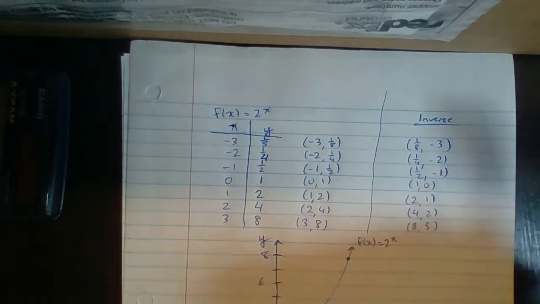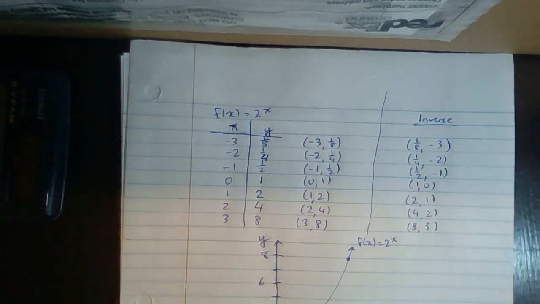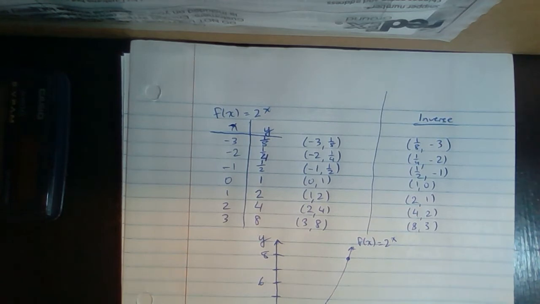And now our inverse: 1 over 8, negative 3, quarter, negative 2, 1/2, negative 1, 1, 0, 2, 1, 4, 2, 8, 3.